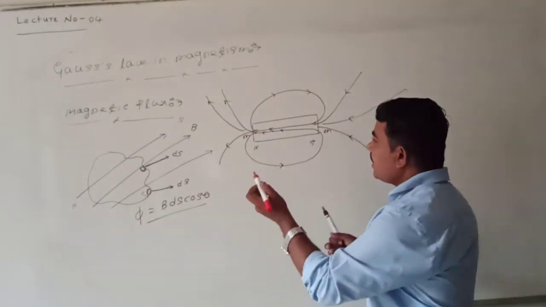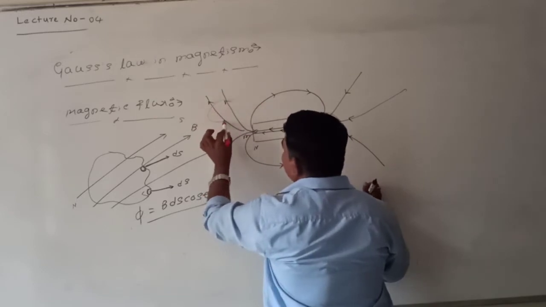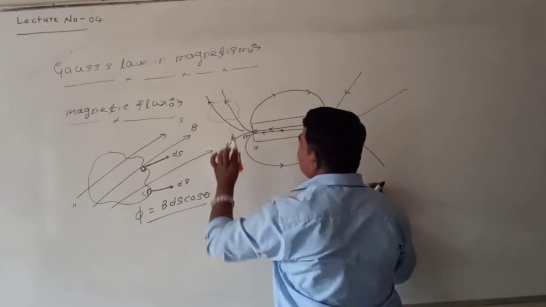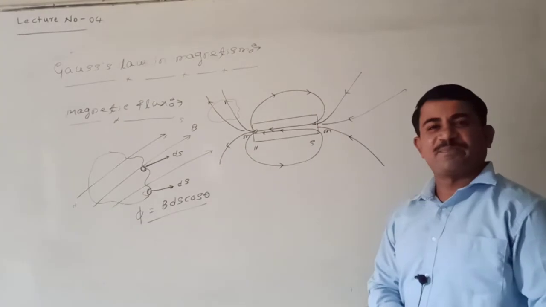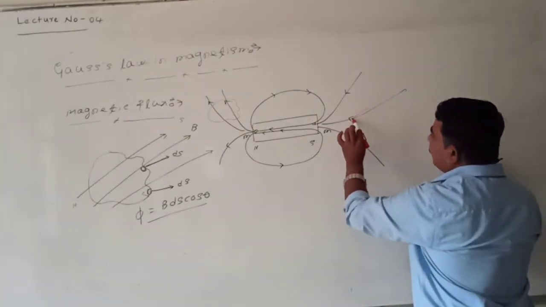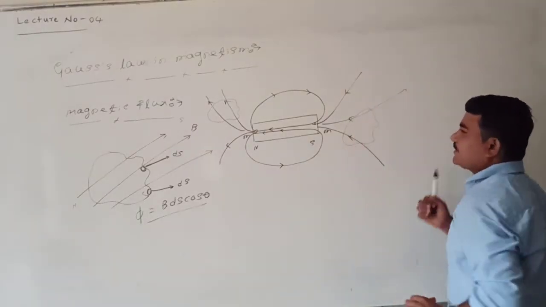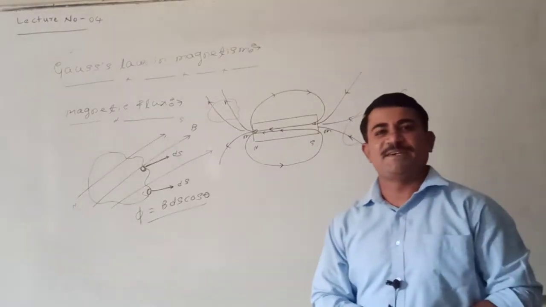See here, in this magnetic field, I will take this, which is nothing but a closed surface. Right or wrong? This is a closed surface. Or in uniform or non-uniform magnetic field lines, I can take a closed surface. Right?